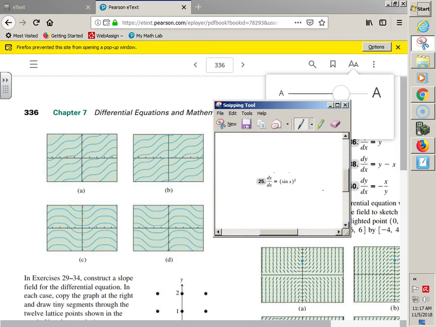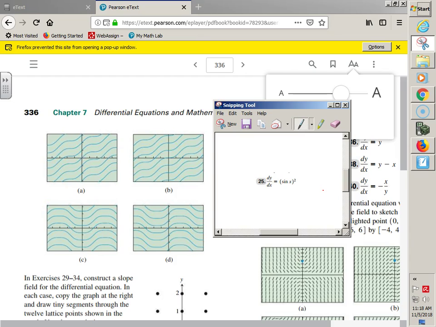You have to think about the slopes. This is the flow, and dy/dx always refers to slopes. R is a squared quantity, that would always be positive, so whatever point I choose, there must be a positive slope. Well, positive or zero. So then C and D are automatically out. Now we have to compare B and A.